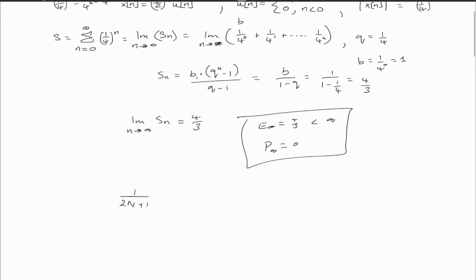As n approaches infinity, we have 4 over 3 in the numerator, and 2 times infinity plus 1 in the denominator is still infinity, so that approaches 0. And that is why the average power is equal to 0.